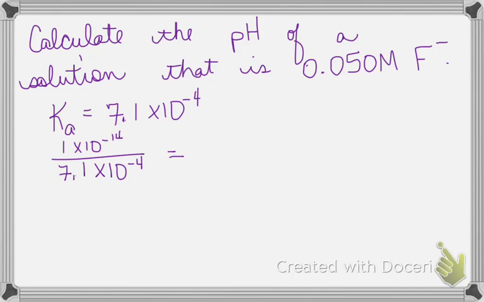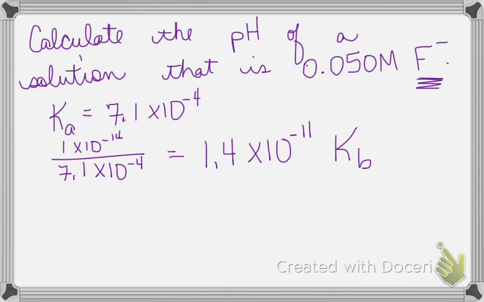And I get 1.4 times 10 to the minus 11. That is my Kb. Do you see why I needed a Kb for this one? Because fluoride is the conjugate base of hydrofluoric acid. That fluoride is obviously not an acid because it doesn't even have a hydrogen.